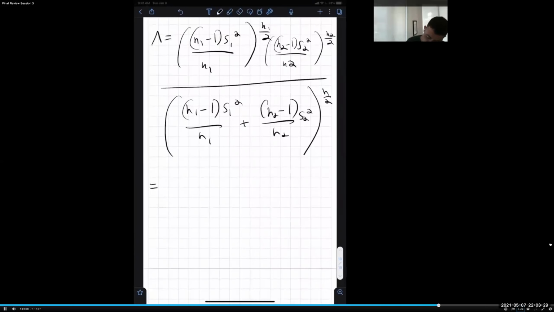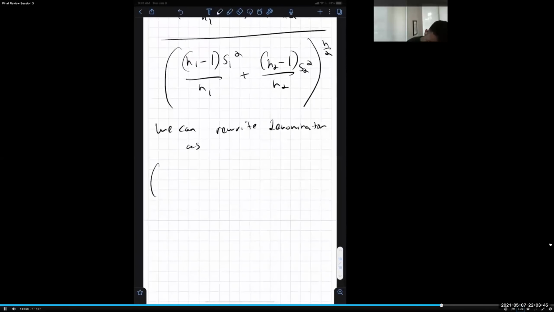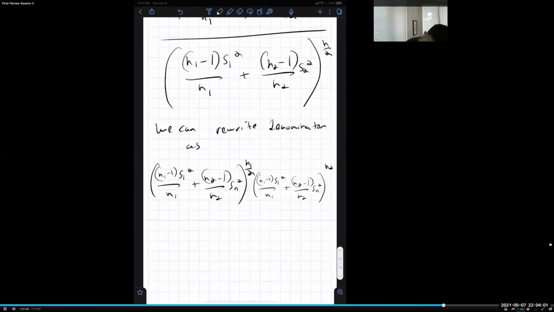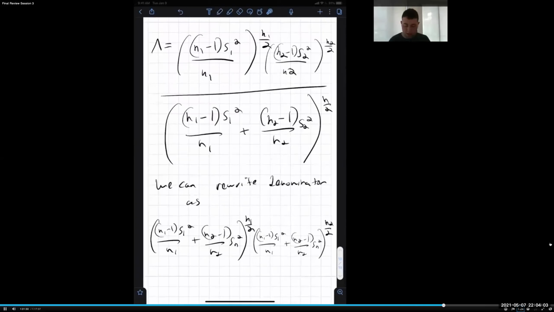We can rewrite the denominator as this, n1 minus 1 over n1, put this to the n1 over 2, and have the same thing again to the n2 over 2. That way I can bring these under the same exponent to simplify.